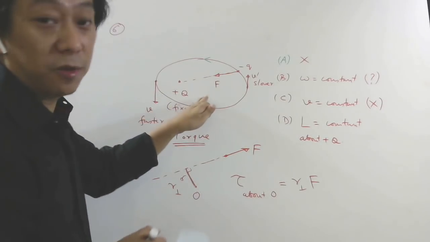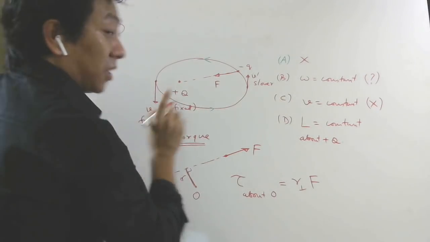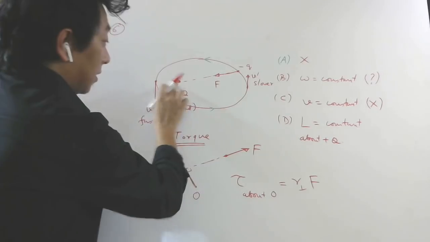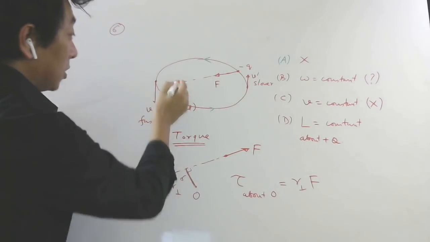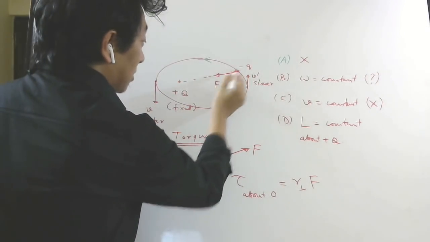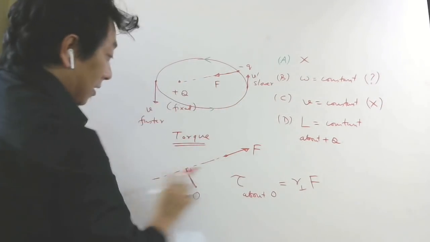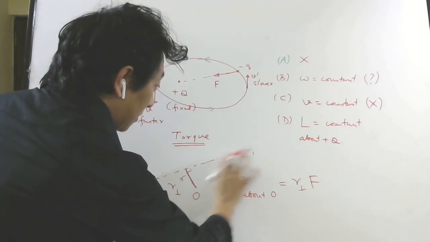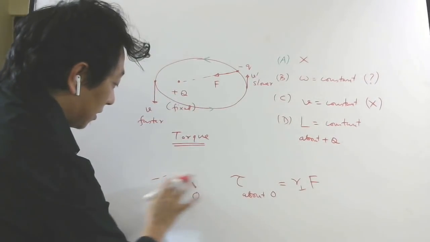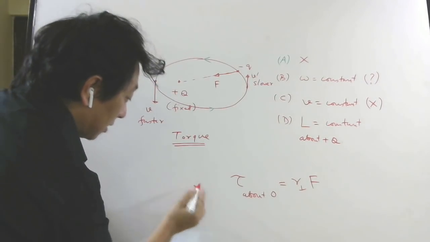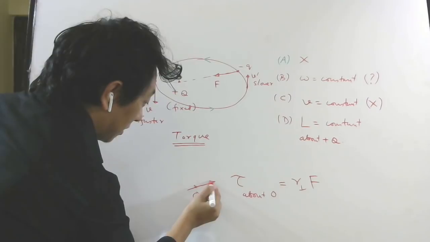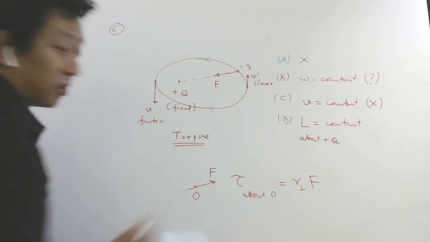Now in this problem you come, we want to check torque about this point, about plus Q. Which is the only force acting on minus Q? This force. Now this force is passing through this point, right? So imagine if this force was not here, but it was passing through this point, then what will be your torque?